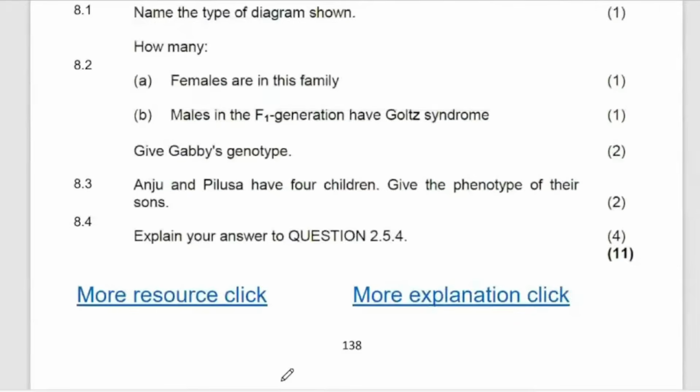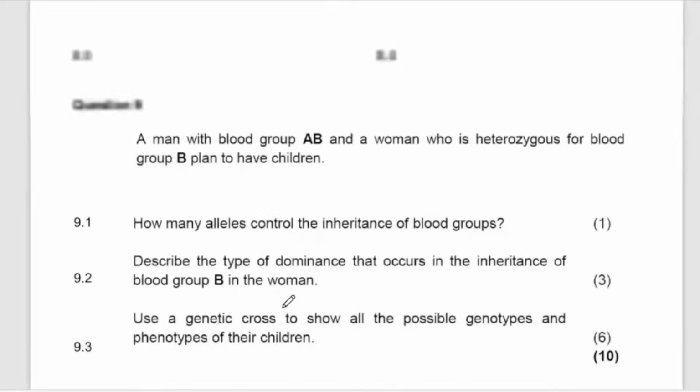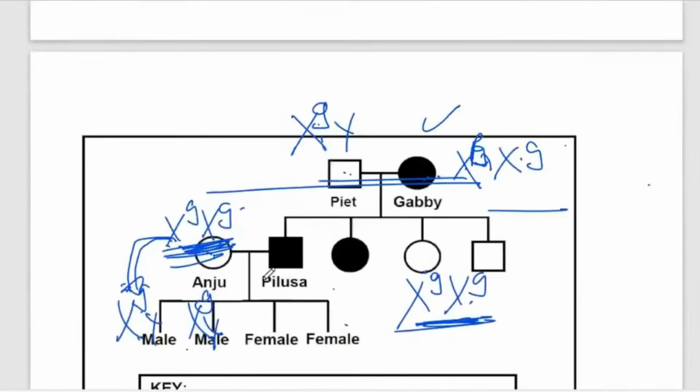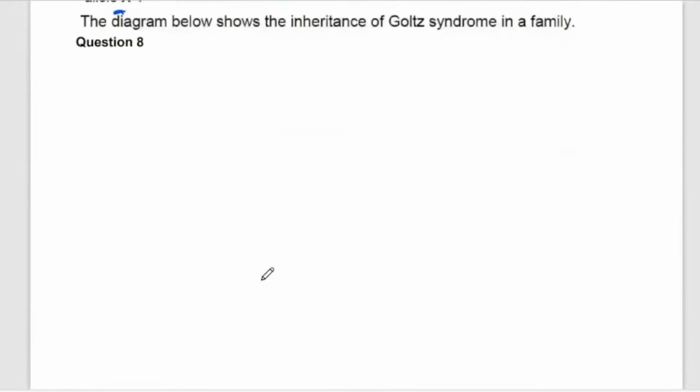So basically, that's what we need to talk about. When you go to a cross which involves an autosome, a non-sex linked, okay?